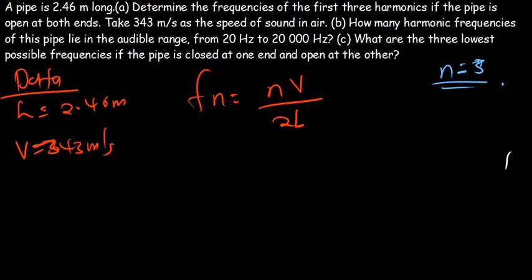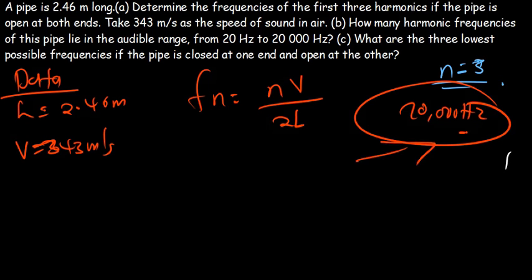Now, which frequency are we going to use in this case? The frequency we are going to use is 20,000 hertz, because that is the upper limit of the audible range. The 20 is just the starting point, but where it is ending is at 20,000. That's why I'm going to use 20,000.